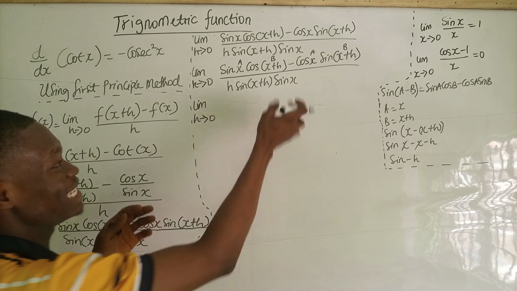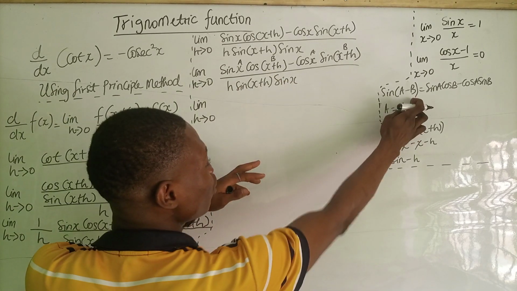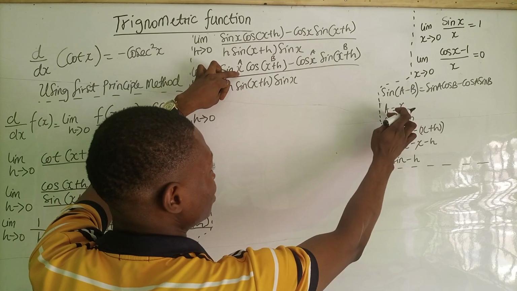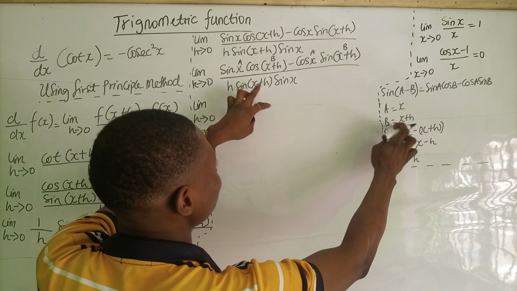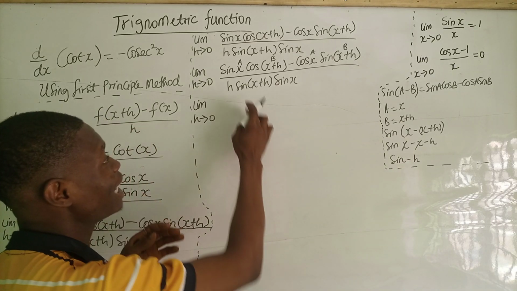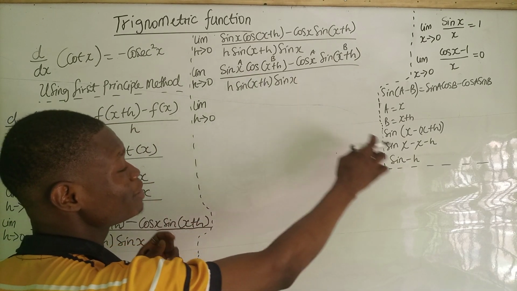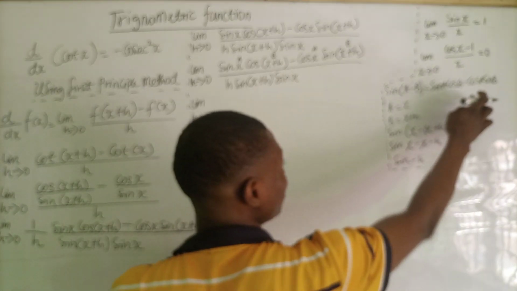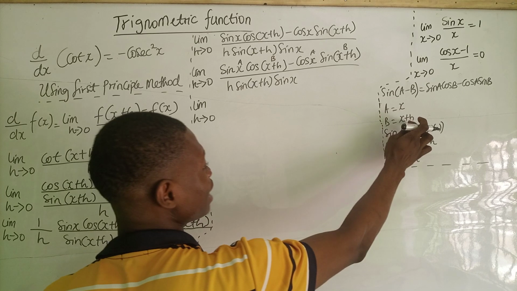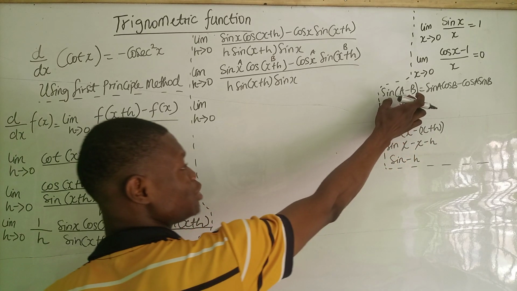So let's record it in the form of A minus B. Our A is equal to x, then B is equal to x plus h. Remember that sine A minus B is equal to sine A cos B minus cos A sine B. So our x is now A, x plus h is now B. Let's put it in this form.